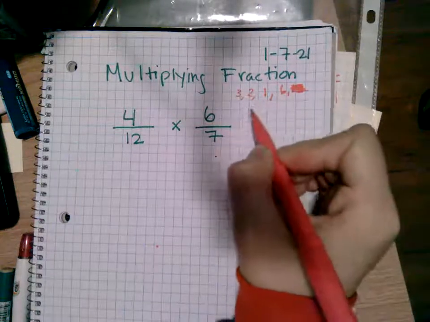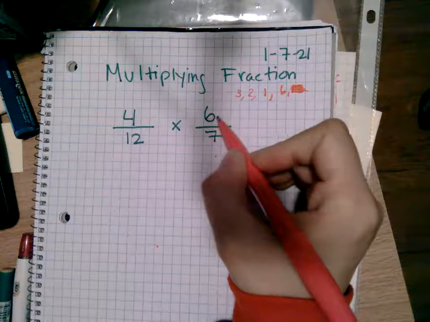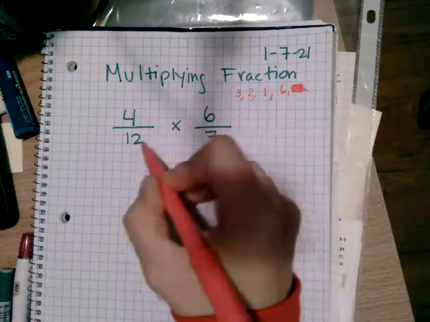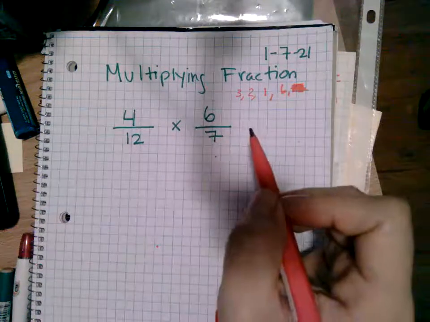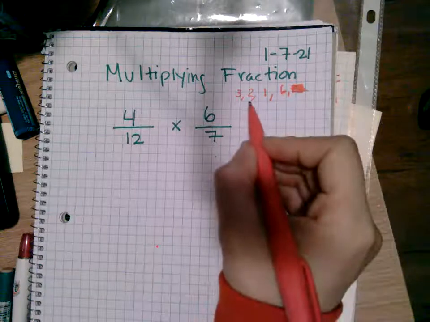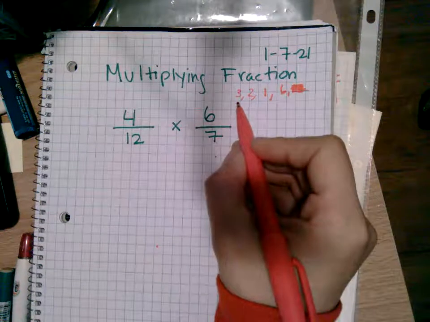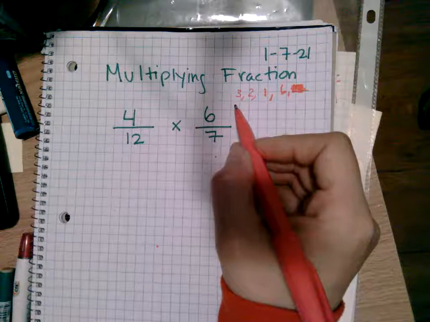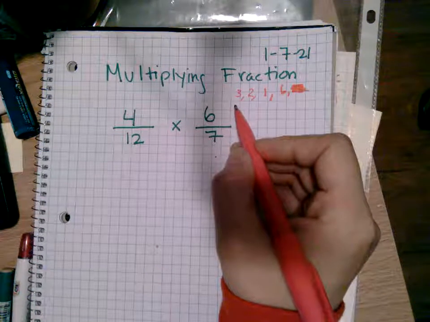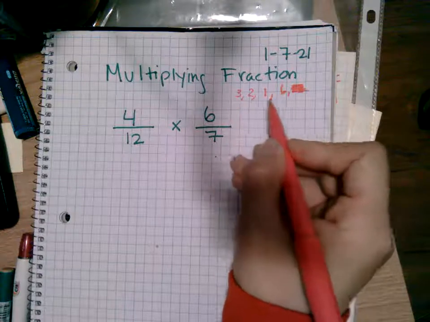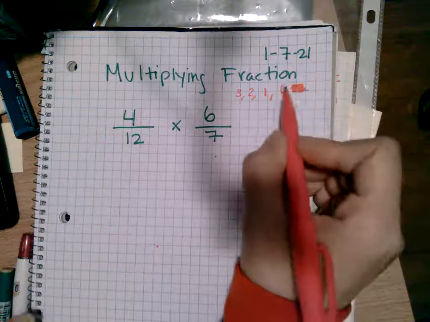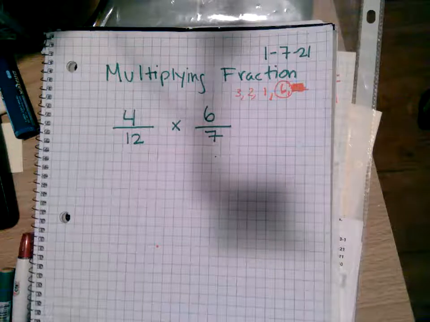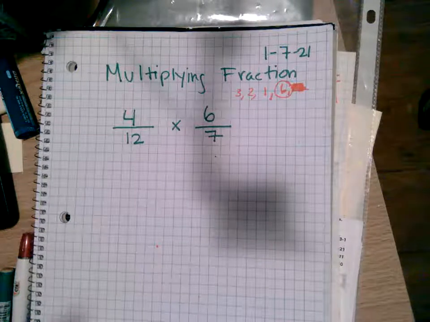I can divide by 1, 2, 3, or 6. And it's like whatever your brain sees. Some of your brains see 2, some see 6, some see 3. If you have a bunch, always pick the largest one. That's the best one. Which one's the biggest number that they have in common? 6. So that's the number I'm going to use.